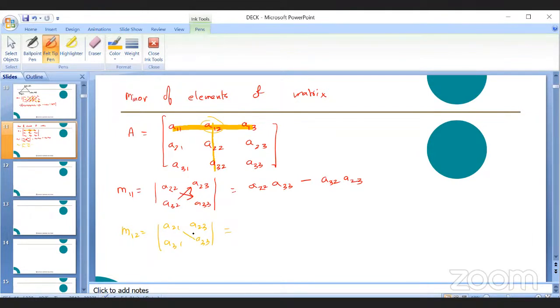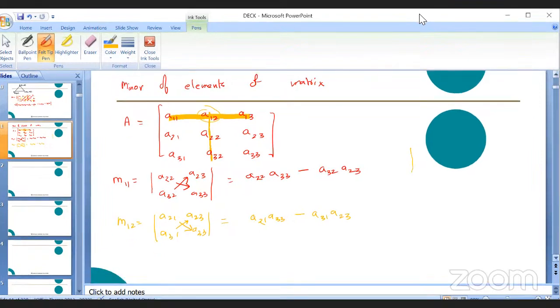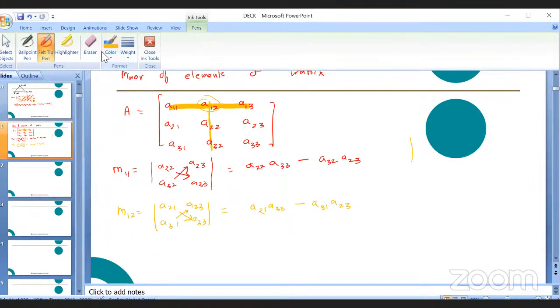Now multiply, find the determinant. A21, A33 minus A31, A23. This is how you will find the minor. You can find the minor of any element like this.